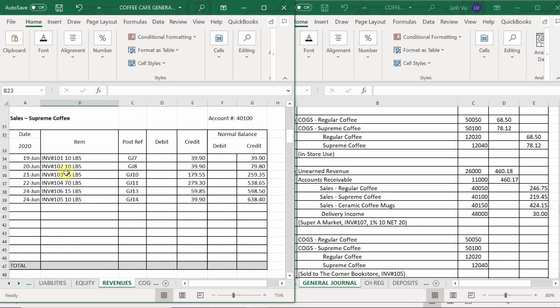The next account is Sales Supreme Coffee. And looks like that's for 55 pounds. General Journal 16.